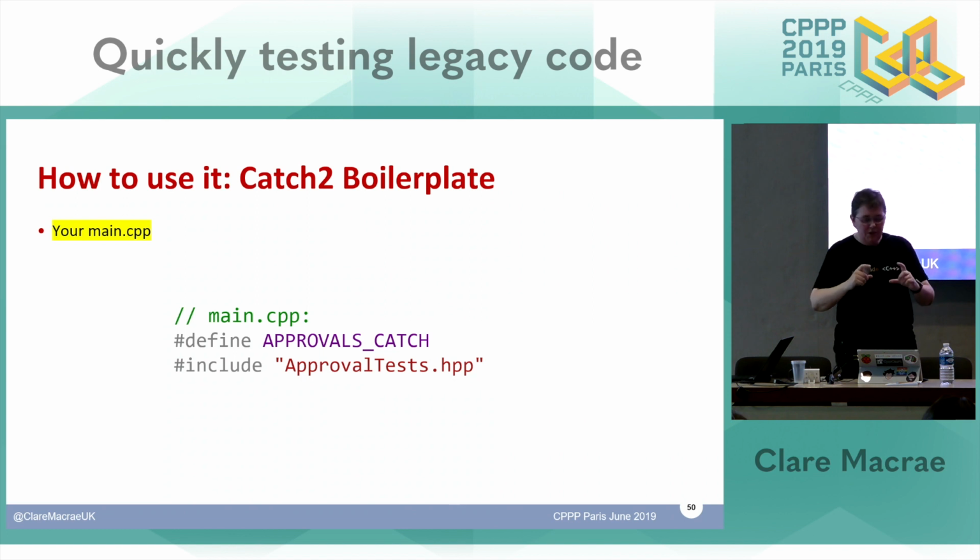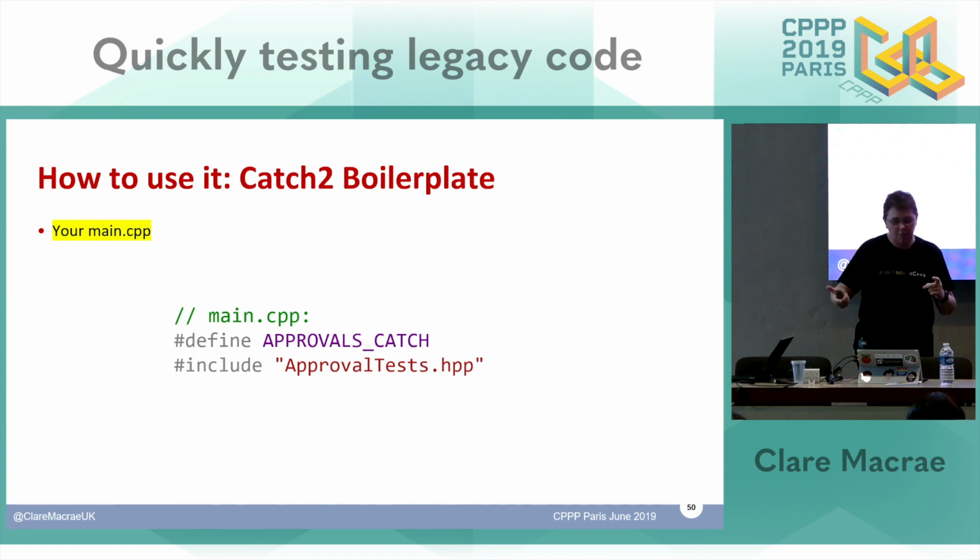The first thing you need to do in setting it up is to make sure that you've got a main function, a main program, that tells approval tests how to recognize the unit tests in the framework that you're using. Because as you'll see, approval tests really depends on knowing the name of the source code where the test is compiled and what the actual name of the test is.